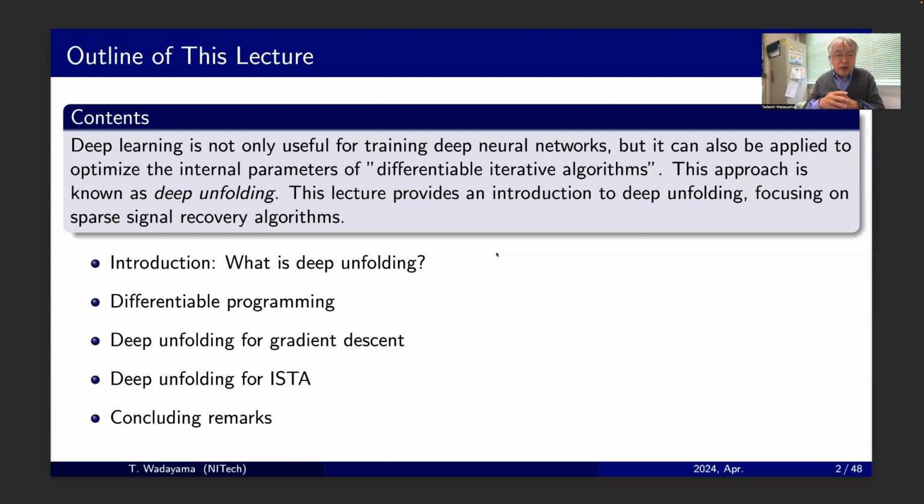In the section on deep unfolding for gradient descent, I'm going to talk about the details of deep unfolding by using a concrete example based on the gradient descent algorithm. The section on deep unfolding for TISTA is the main content of this lecture. You will see the benefit of deep unfolding in sparse signal recovery tasks. The final section provides concluding remarks.